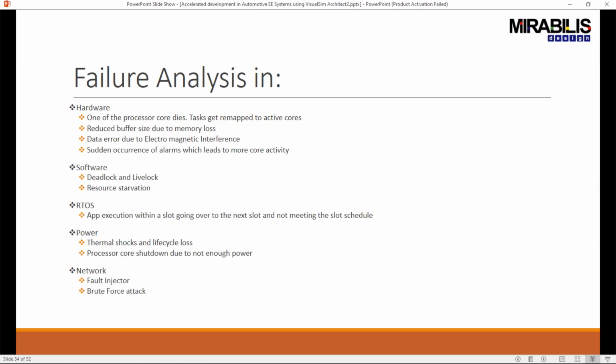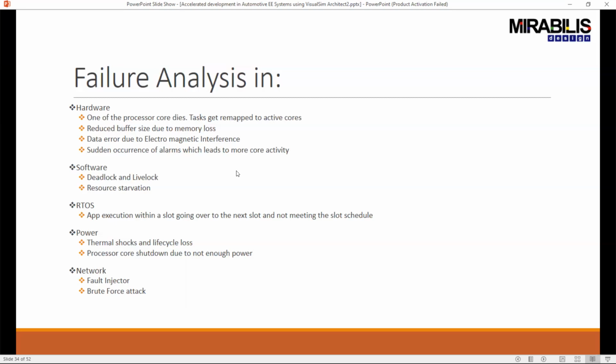Then reducing buffer size due to memory loss, corrupted data due to electromagnetic interference, and sudden occurrence of alarms, which leads to more activity. The last case is a bursty kind of test case. Suddenly there is a huge amount of traffic going through the network, and this kind of analysis will let us know how much the network can handle.